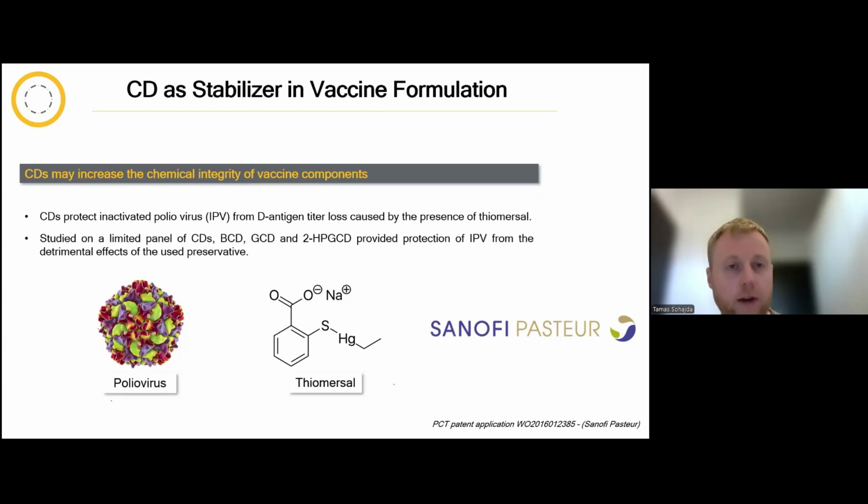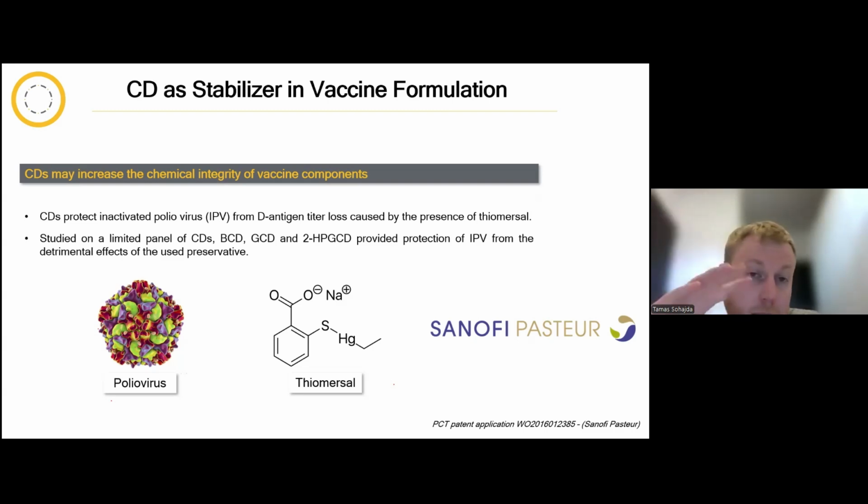Okay, apart from vaccine adjuvants, what can cyclodextrin offer in vaccine development? There was one product from Sanofi Pasteur where the cyclodextrin was used as a stabilizer, conceptually similar to proteins, we could say. Technically, it protected the inactivated virus.